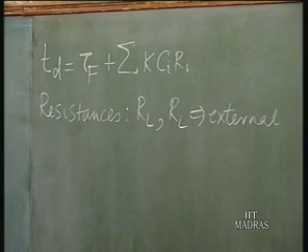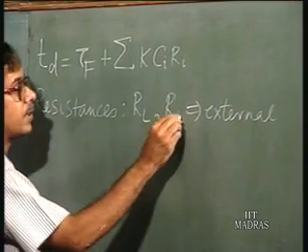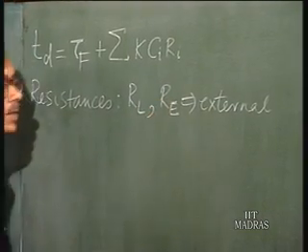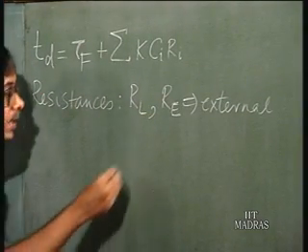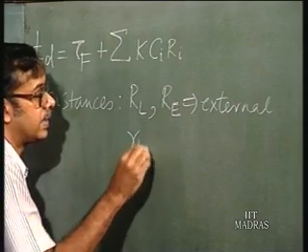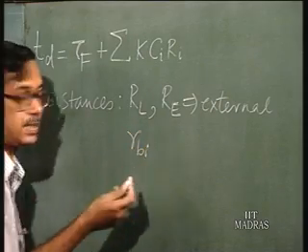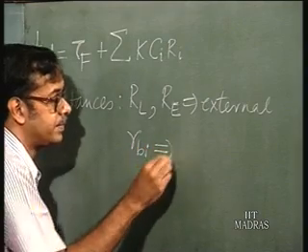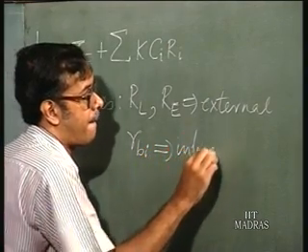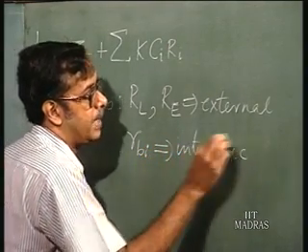Okay, and then you have the internal resistances in the transistor. They are usually written as RBI, that is the intrinsic base resistance.